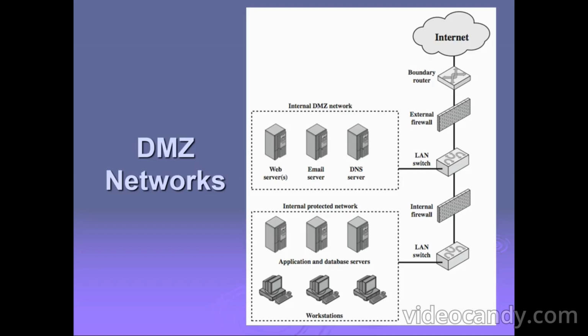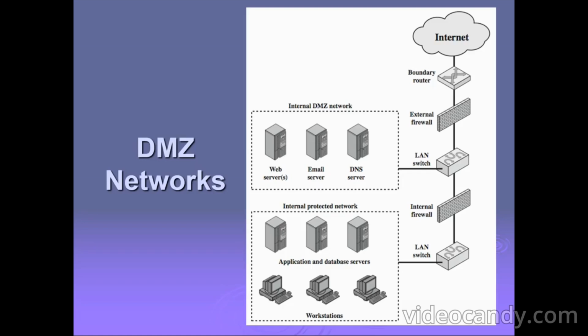Systems that are externally accessible but need some protections are usually located on DMZ networks. Typically, the systems in the DMZ will require or foster external connectivity, such as a corporate website, email server, or a DNS, that is, domain name system server.